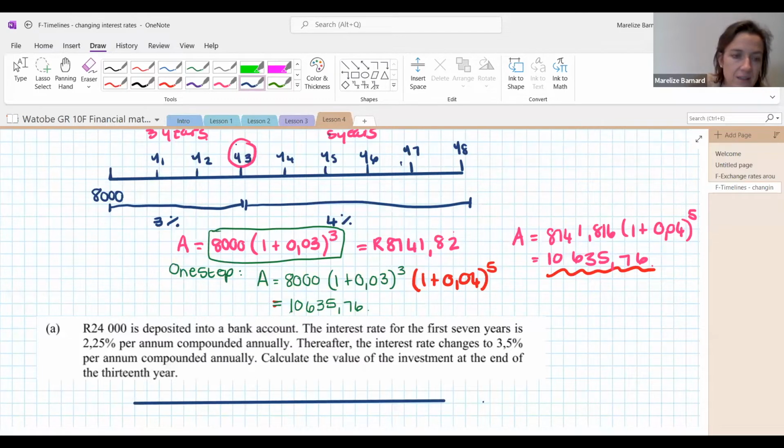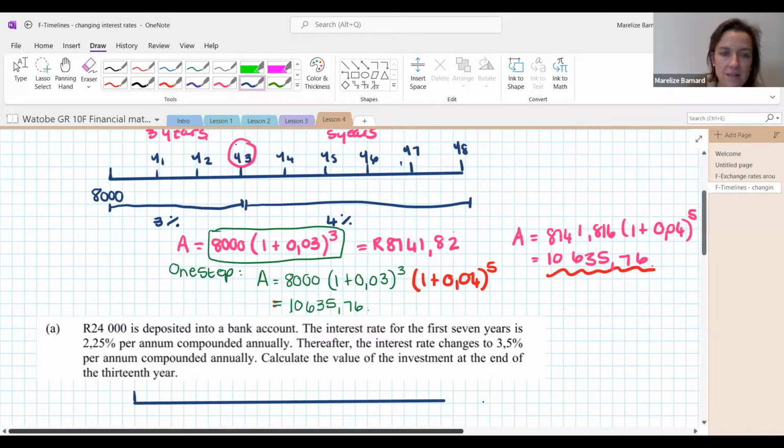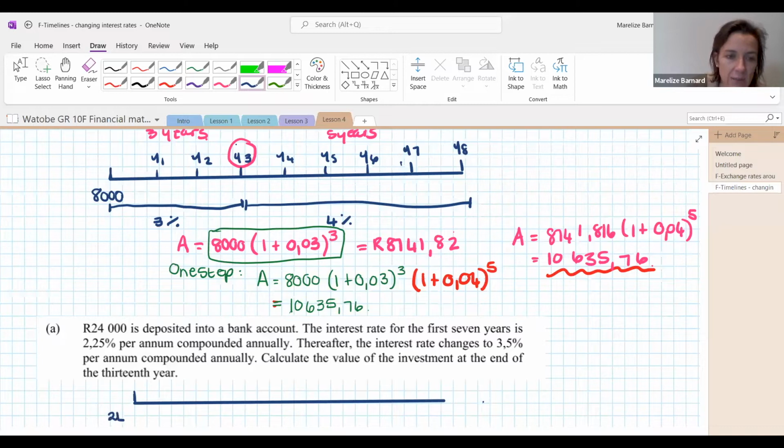Okay, so we look at today. Today we are putting away 24,000 Rand. And for the first 7 years, you don't have to draw all 7 years, but if it does help you, otherwise you can just go, okay, so 7 years is about here, year 7.